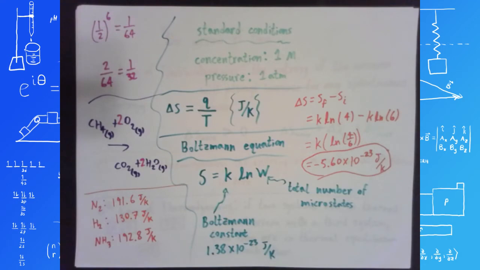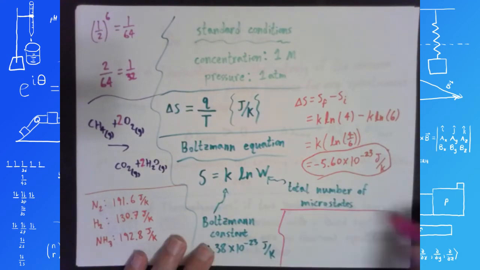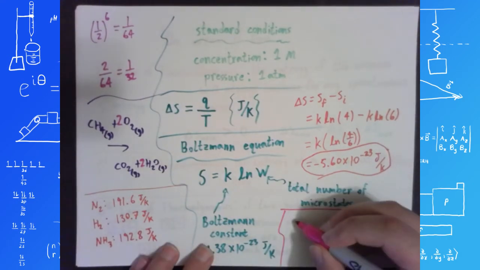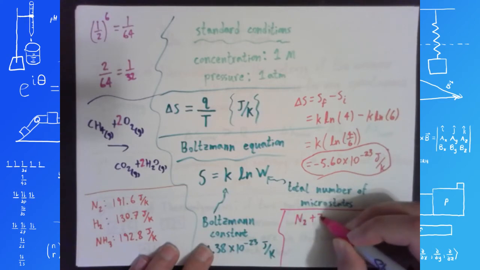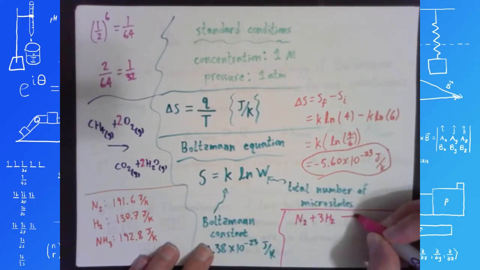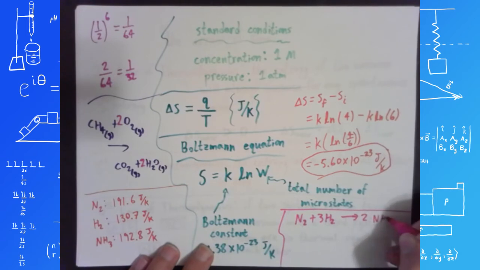Now, in the balanced chemical equation, and I guess I'll do it down here, it was N2 plus 3H2 gives 2NH3.